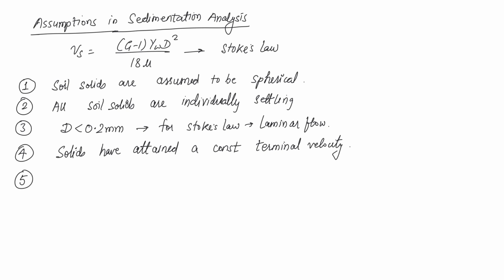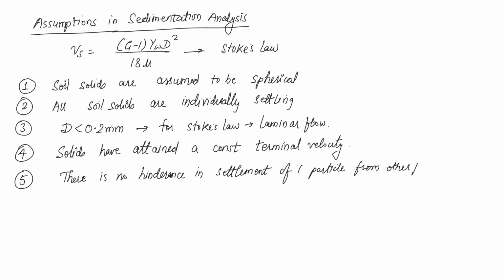Next, we are assuming that there is no hindrance in settlement of one particle from surrounding particles. We are assuming that the concentration of solids is so less that if one particle is settling, then the effect of the presence of other particles is not there.